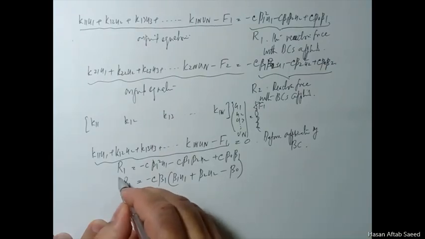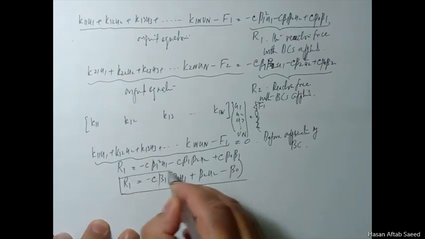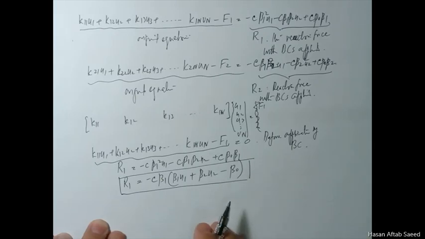This is the value of R1. Should you want to calculate it, normally you won't be required to, because once we have the displacements, we go on to strains and then stresses, so reaction forces are hardly ever computed. But if you want to, you can do it.